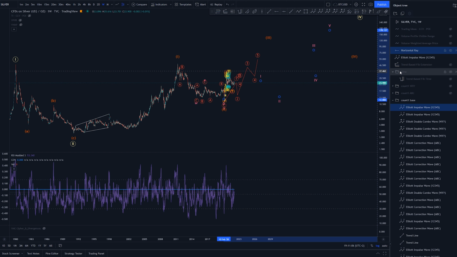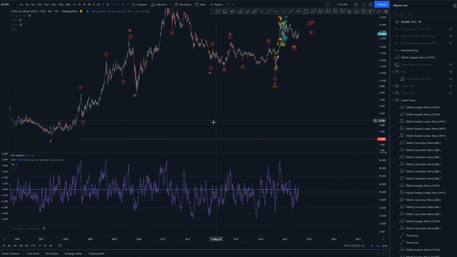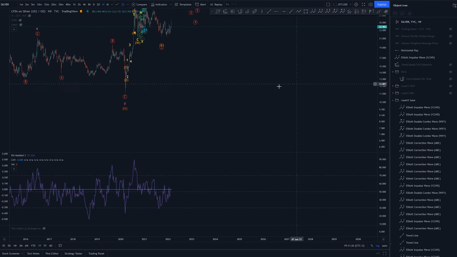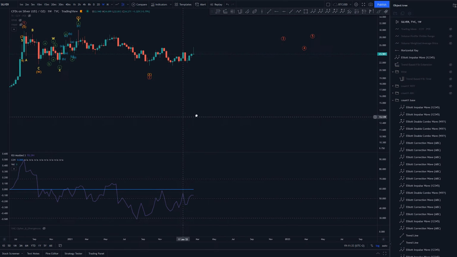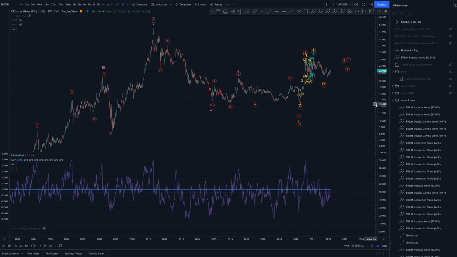Yeah, it actually looks like it could be, definitely, but either way they are really close to each other price wise, just because it's wave 1. But in any case, this looks to be a wave 1 of something. It's either cycle 1 or primary 1.